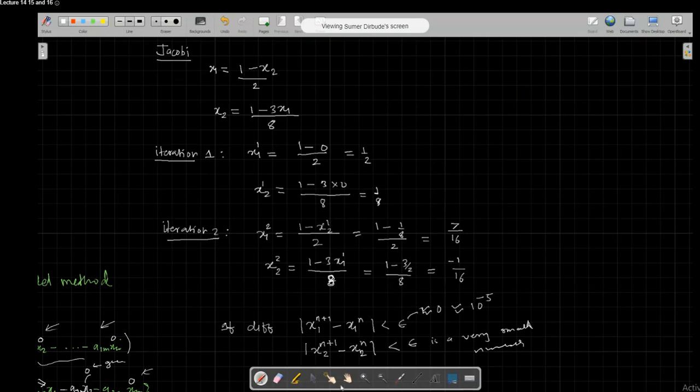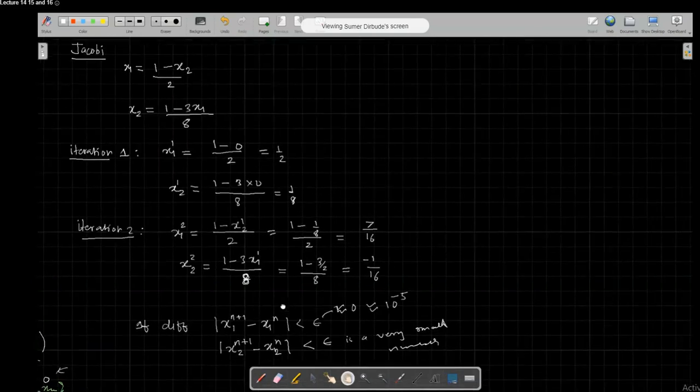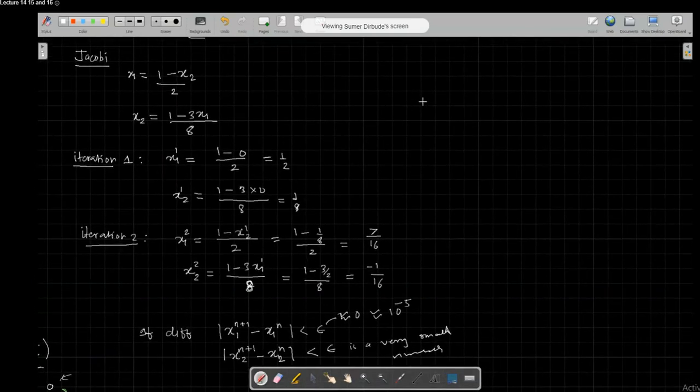This is about Jacobi with 2 iterations. Now, in case of Gauss-Seidel method, x1 0 is already given as 0.